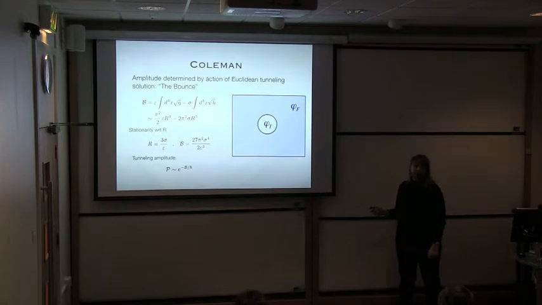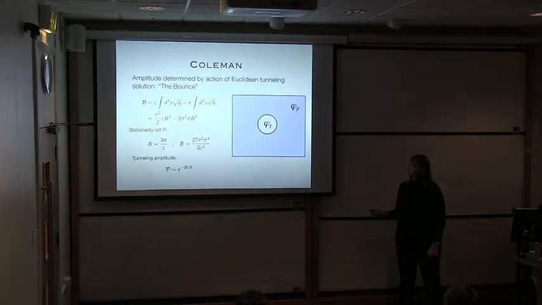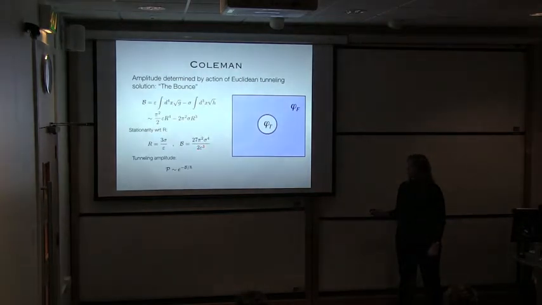And so r is the radius of the wall, and you look for the stationary point, and you pop that in and calculate the action, and you get this characteristic dependence on the tension of the wall and the energy difference between the true and false vacuum.